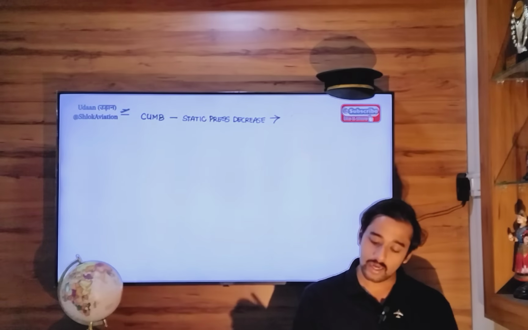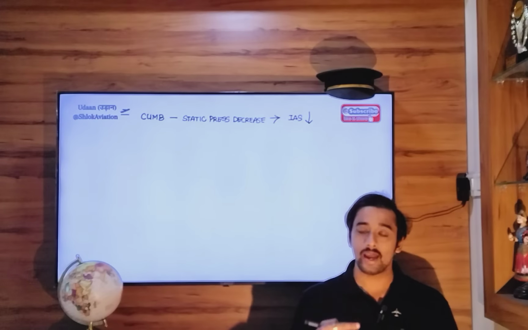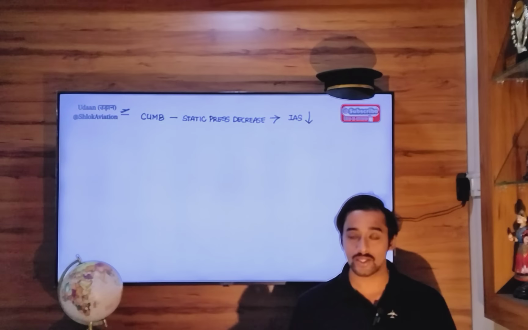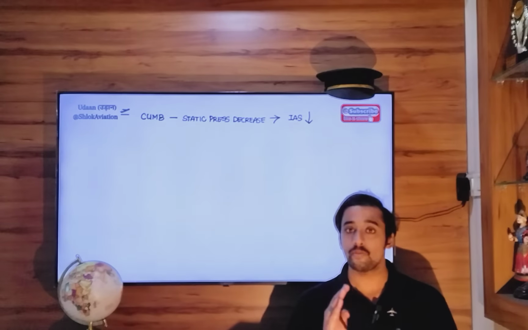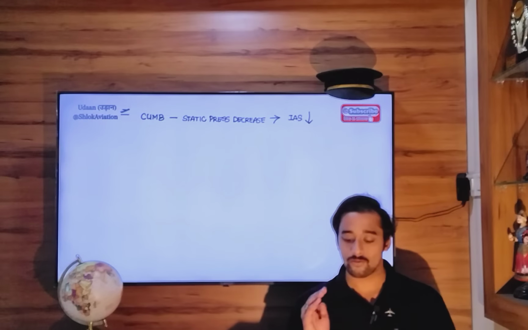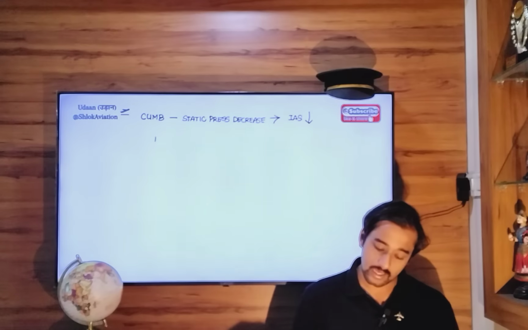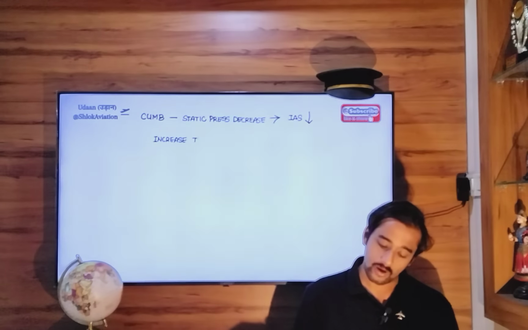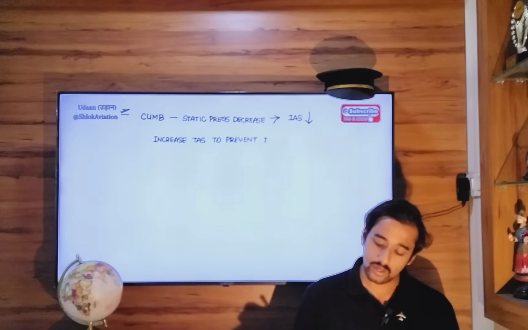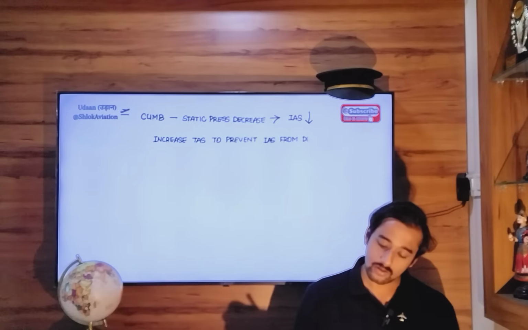As a result, your indicated airspeed will decrease. In order to avoid a fall in indicated airspeed, you will have to increase the airspeed of your aircraft to prevent indicated airspeed from decreasing.